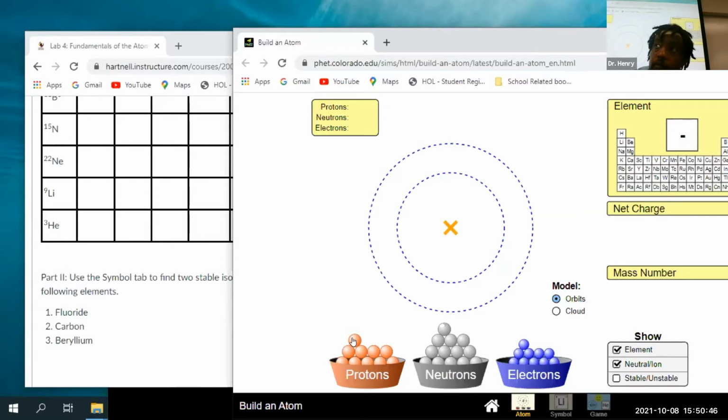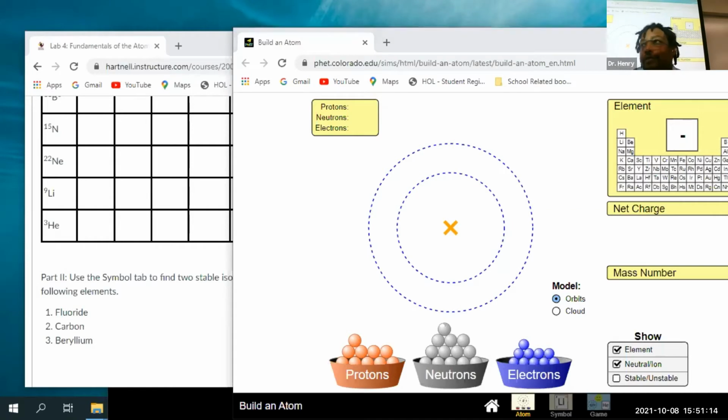Anyone? How do I calculate the number of protons? Is it the atomic number? It is the atomic number. So what is the atomic number of fluorine?